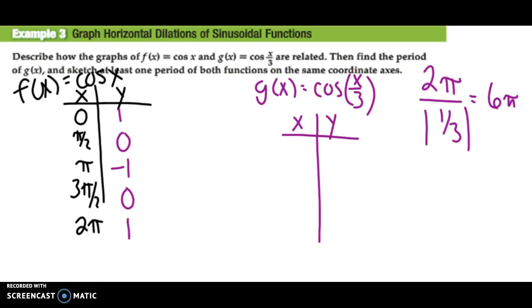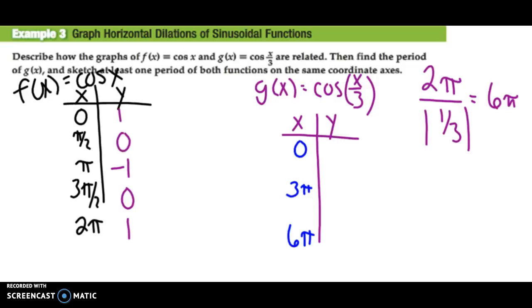So instead of going from 0 to 2 pi in a period, I'm going to go from 0 to 6 pi. So to figure out my values in my table, I'm going to start with 0, and I want to end at 6 pi. So just like I had 5 points before, let's have 5 points here. Right in between 0 and 6 pi is going to be 3 pi.